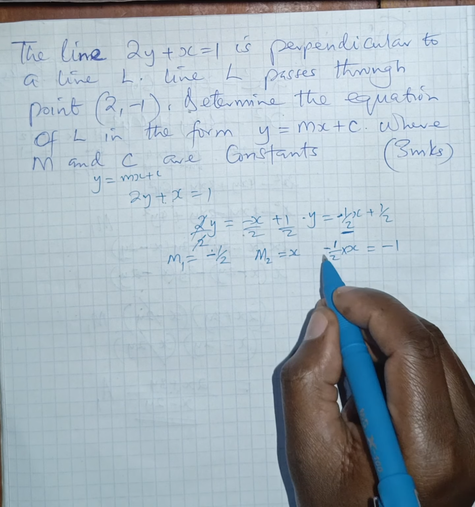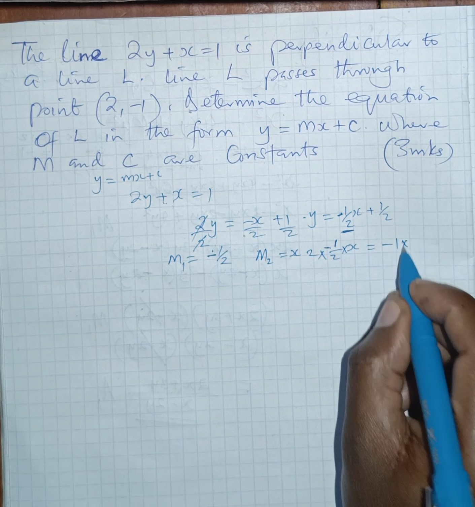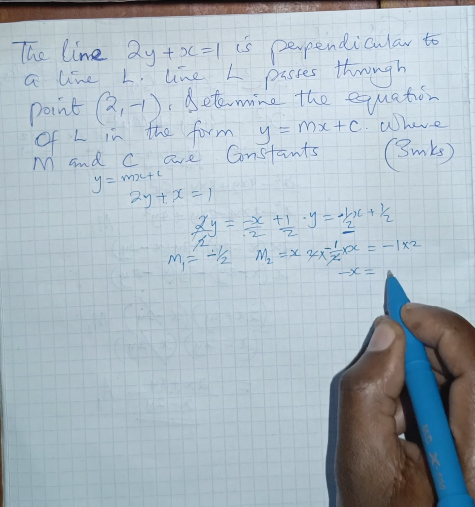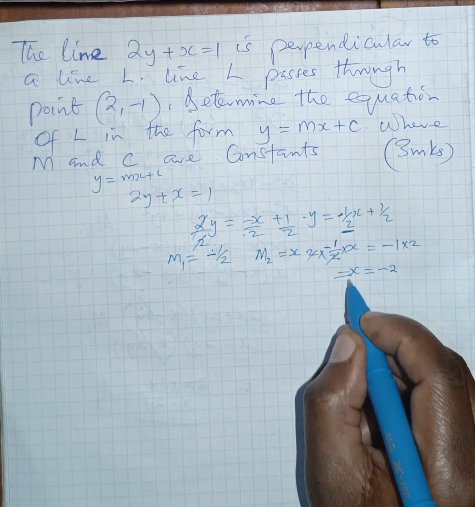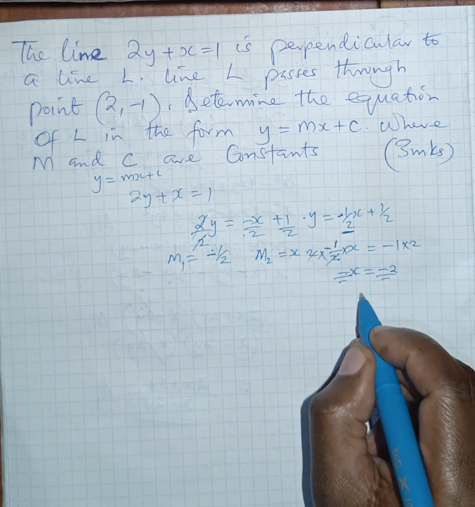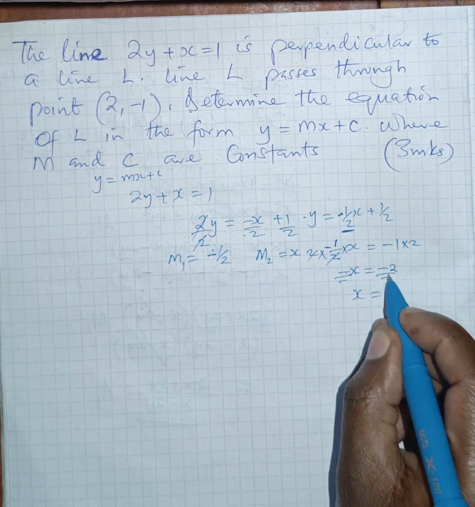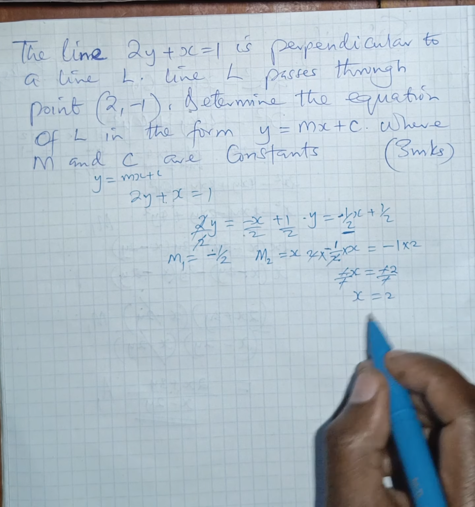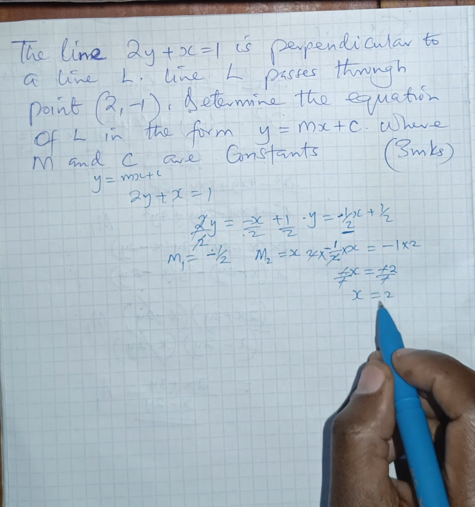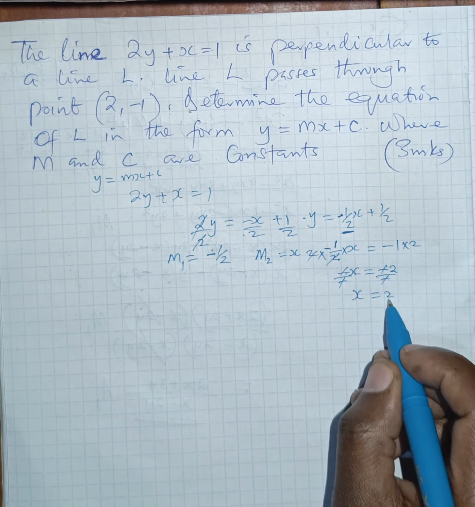So I'm multiplying by 2 on this side, by 2 on this side, to remove this denominator. I'm left with minus x equals -2. So I divide by the minus on both sides, so that I'm left with x alone on this side. So x equals 2, because negative over negative is positive. So the gradient of L, that is m2, is 2.